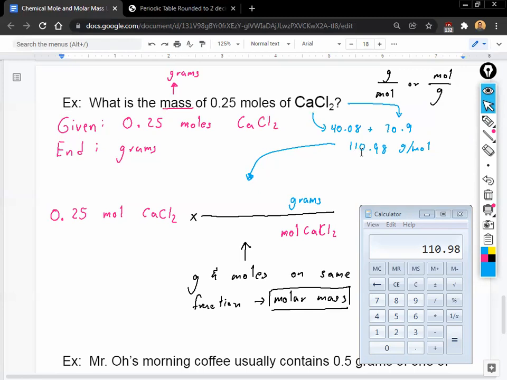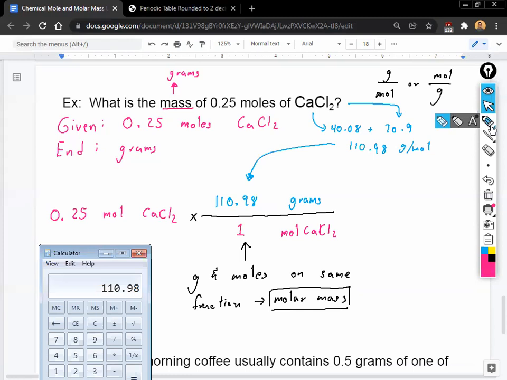So 110.98, is it next to grams or is it next to moles? It's next to grams, right? 110.98 grams. So you always put the molar mass next to the grams. Whatever number you add up from the periodic table, put it next to grams. And since there's no number next to moles, we're just going to put a 1 next to mole.